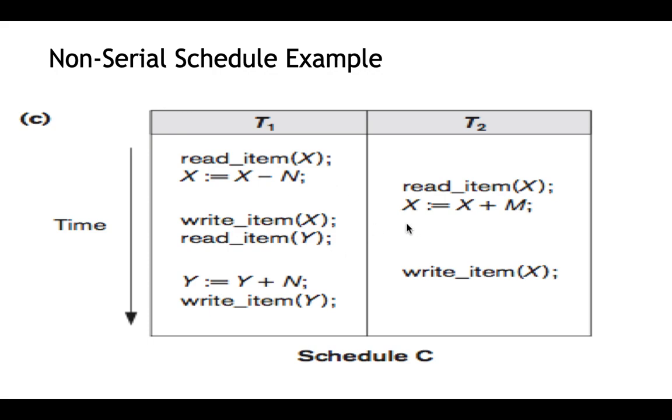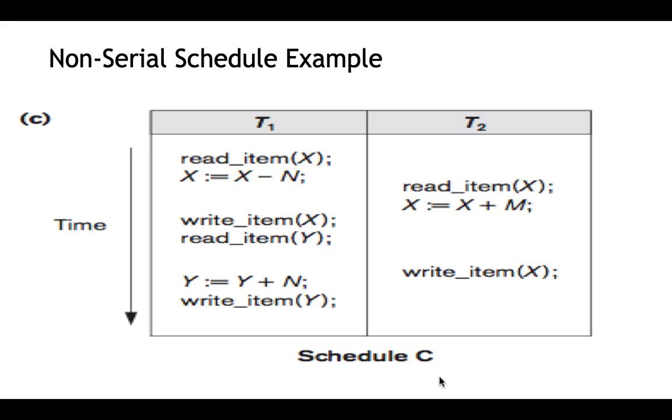In such schedules, here the transaction T1 is not getting completed before T2 starts. So they are occurring in an interleaved fashion. Such schedules are termed as non-serial schedules. Here one transaction does not start after the other is completed. They both occur simultaneously. So schedule C over here is a non-serial schedule.